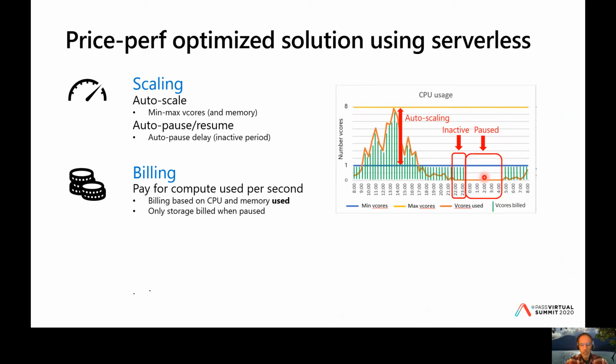So the charge for compute when the usage drops below minimums is really a result of the fact that we still have that compute provisioned in the background in order to provide some degree of performance responsiveness when workload activity returns.